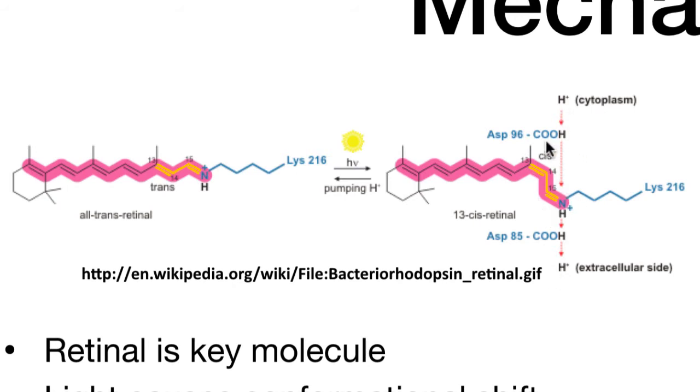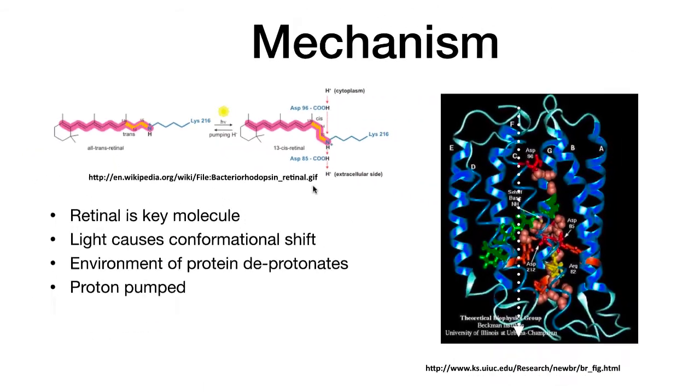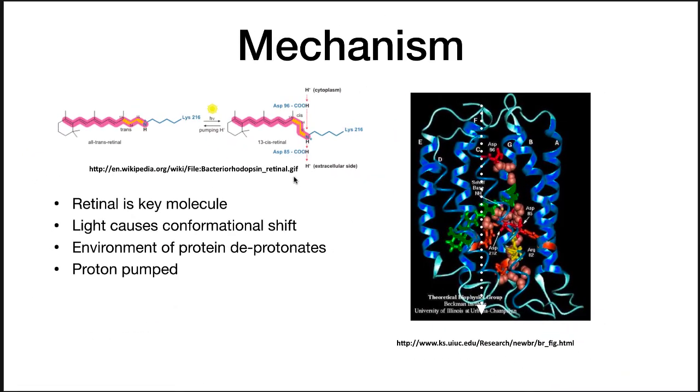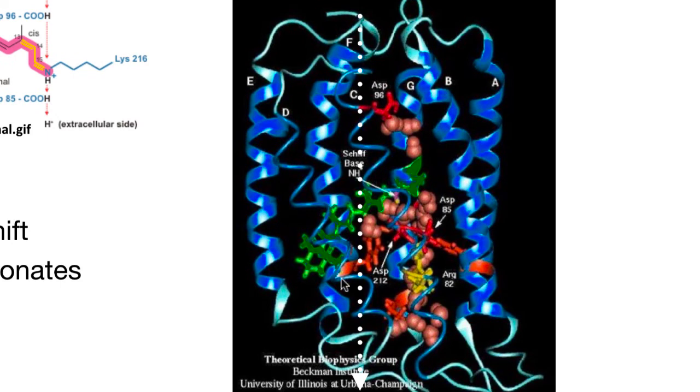It now goes from an acidic environment to a more basic environment, and it deprotonates. So when light hits it, the structure changes, it flips over, the hydrogen is now deprotonated, and it leaves the cell. If you look at the structure of bacteriorhodopsin and you look at where that base is, the proton comes in here, light hits it, it switches, and then it goes out.